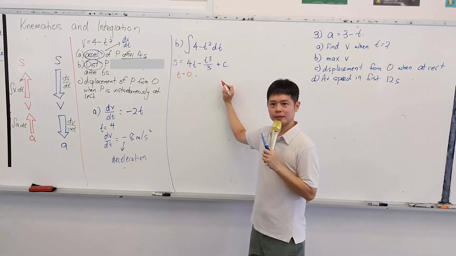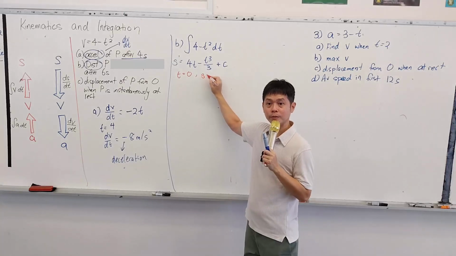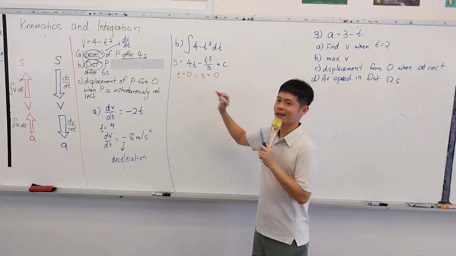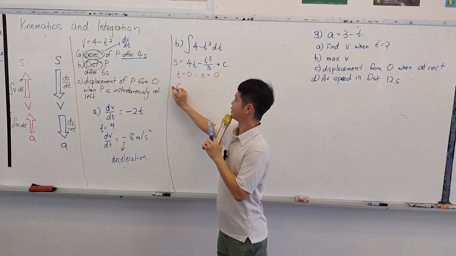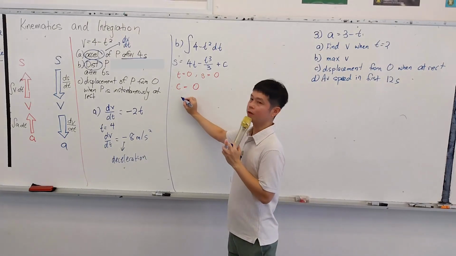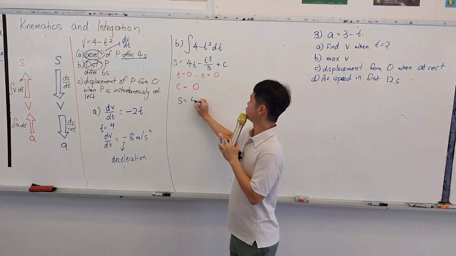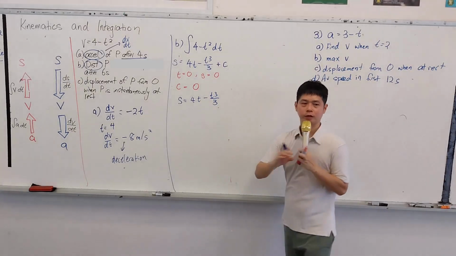Where was the particle initially? When t was 0, it was at the fixed point, right? It was at the fixed point means s is 0. This is important. You have to write this. Therefore, c is 0. And therefore, s equals 4t minus t cubed over 3 plus 0.